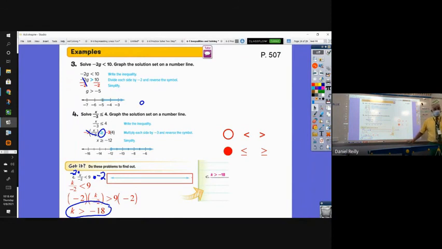Okay, so an open circle at negative 18, and which direction is the arrow going to go from there? To the right or to the left? I want it to cover up values of k that are greater than negative 18.